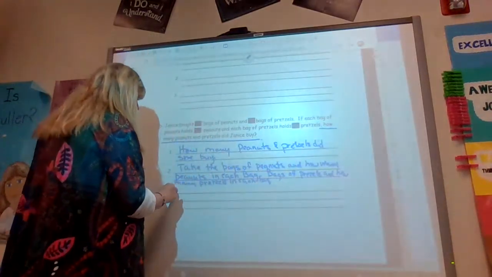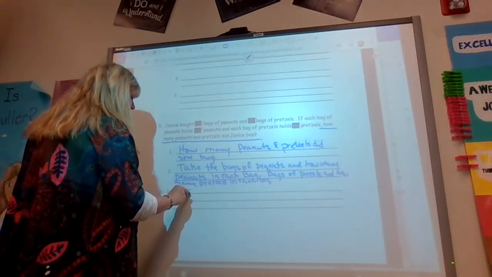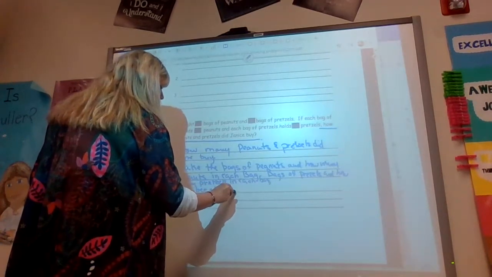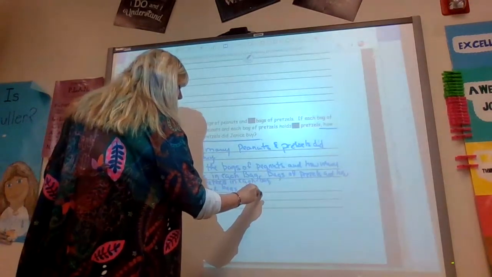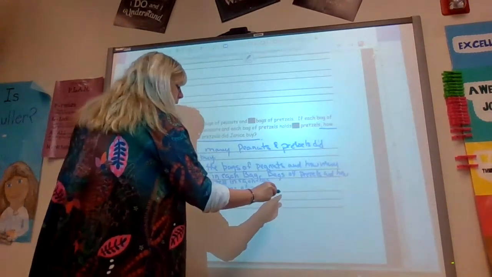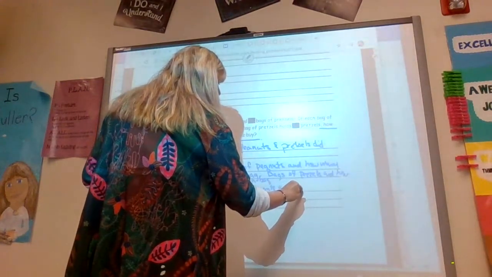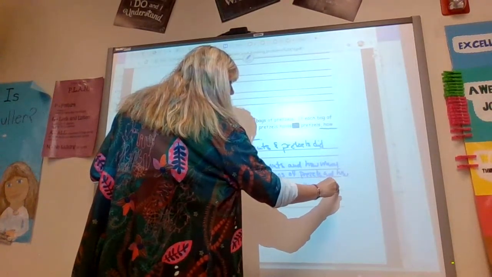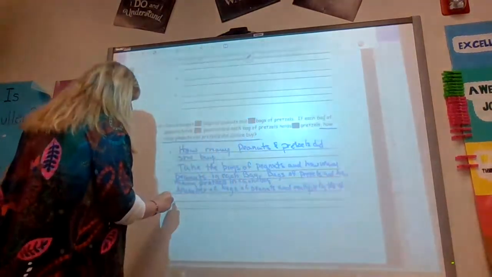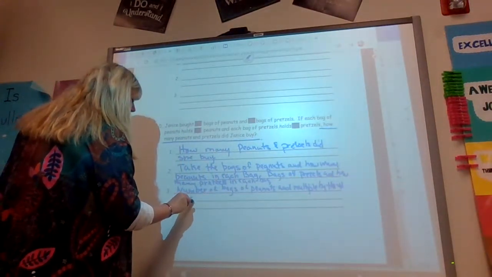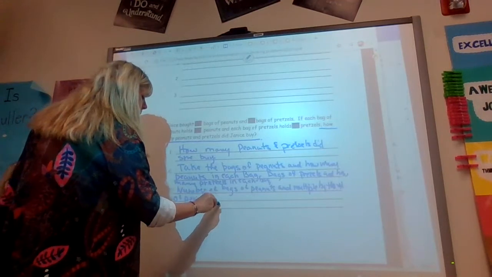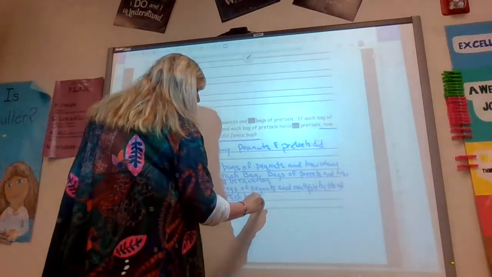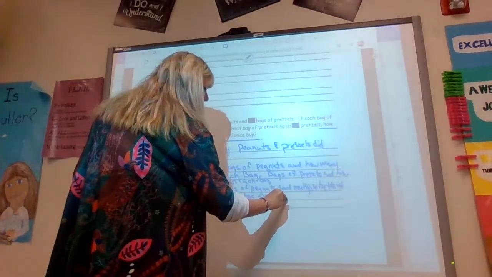That will be the first step. So I'm going to take the number of bags of peanuts and multiply by the number of peanuts in each bag for the total.